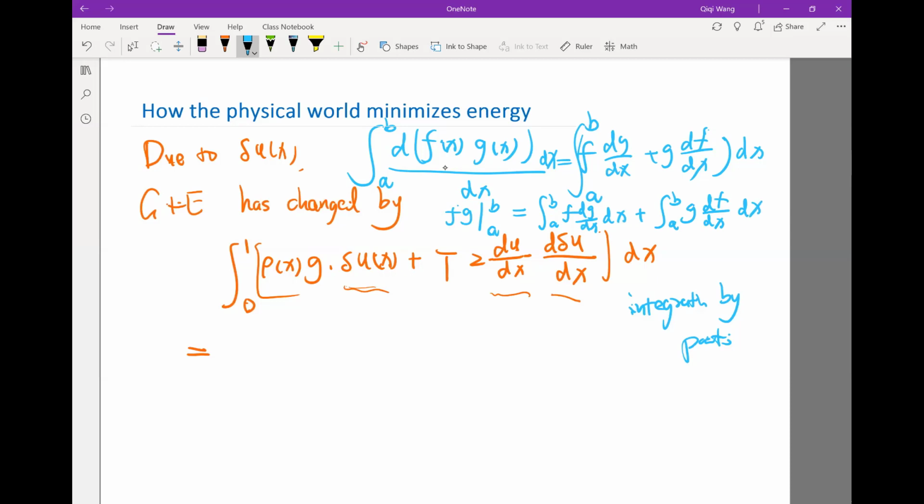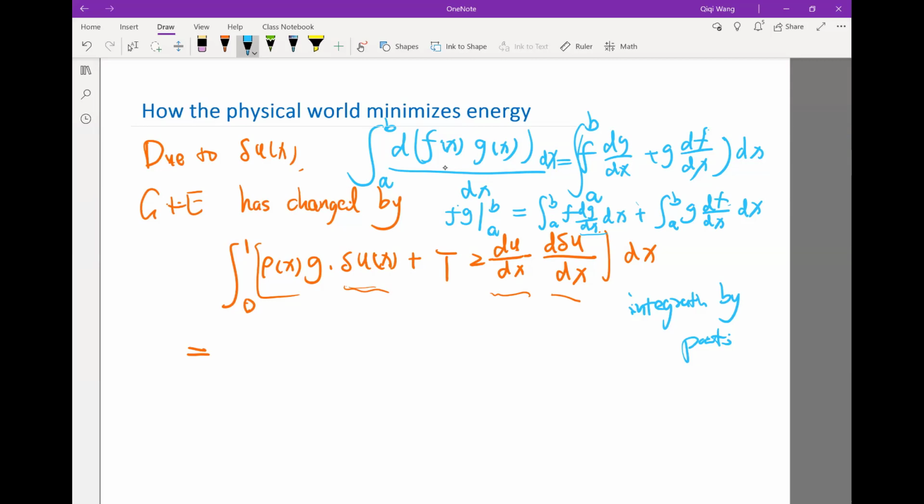This seems like a trivial manipulation, but in reality it's very handy, because if you have a function multiplied by a derivative of a different function, if you just move one term to the other side, you can take g out of the derivative and put f into the derivative.